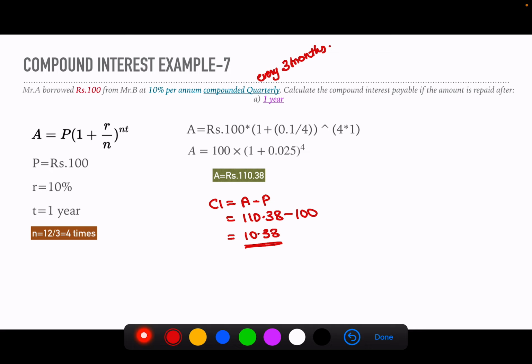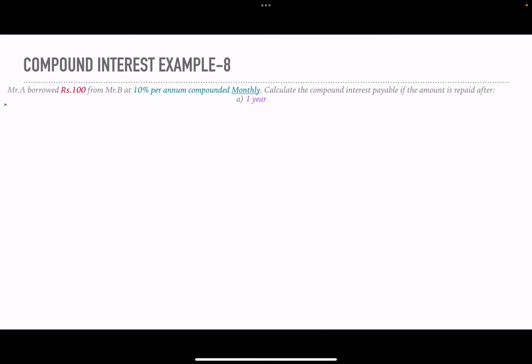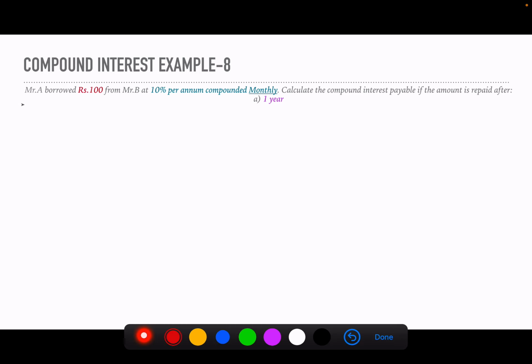Moving on to, I believe it is the final example. Okay, now Mr. A borrowed rupees 100 from Mr. B at 10% per annum compounded monthly. Calculate the compound interest payable if the amount is repaid after 1 year.